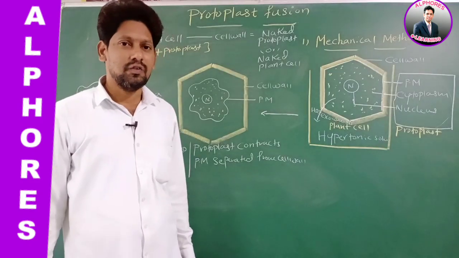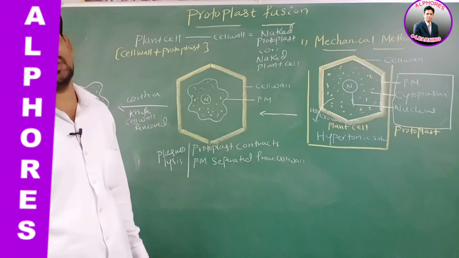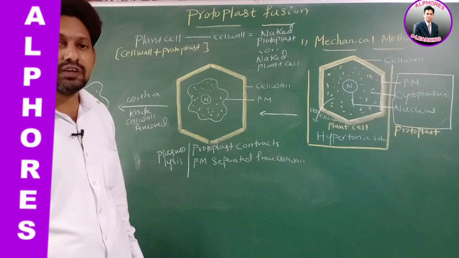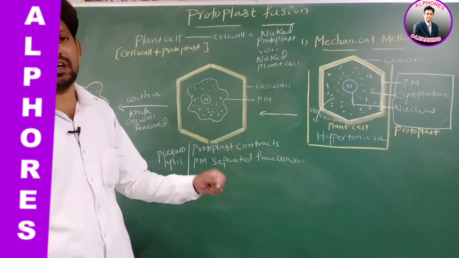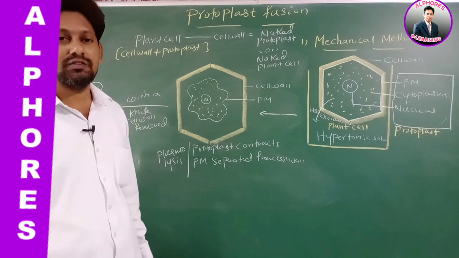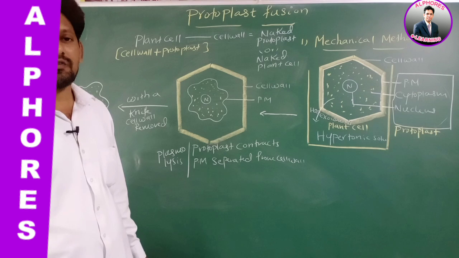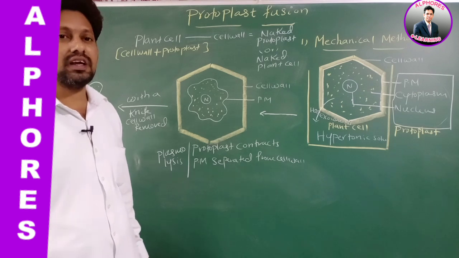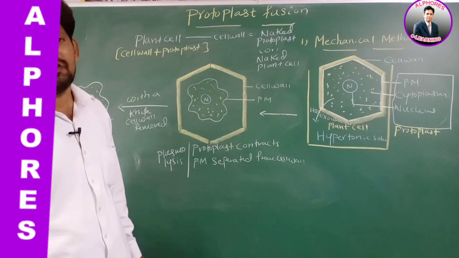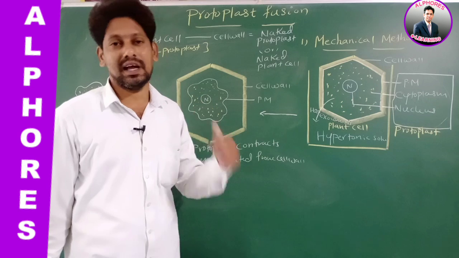When is a bulb called a naked bulb? If tunic is absent. When are ovules naked, sir? If ovary wall is absent. When are seeds naked, sir? If fruit wall is absent. When are flowers naked, sir? If perianth lobes are absent, that is calyx and corolla are absent. When is a plant cell naked, sir? If cell wall is absent.